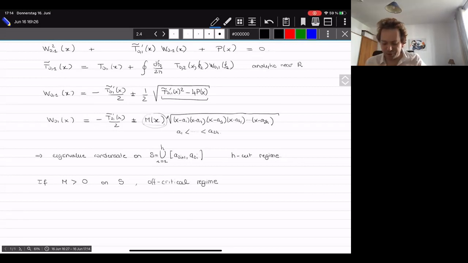Which roughly means that if you vary slightly T01, in fact, all these things, you can prove they're continuous in the coefficients of T0, T01. Therefore, this property of having exactly 2H simple zeros is not going to change. So off-critical regime means you stay in the H-cut regime even when you perturb with the T01.